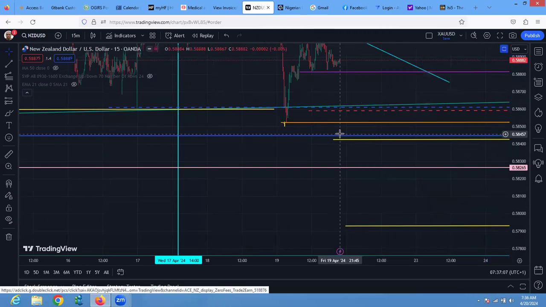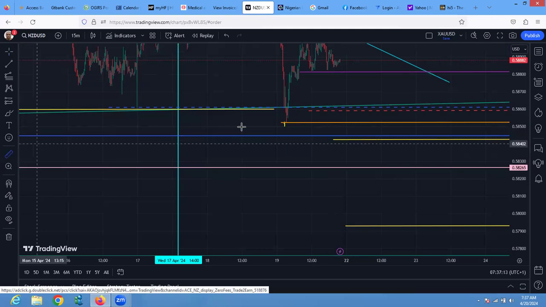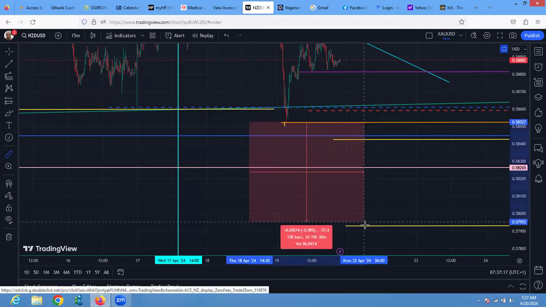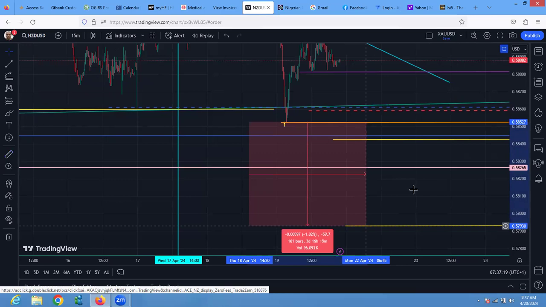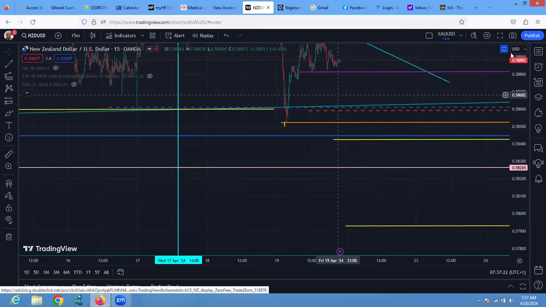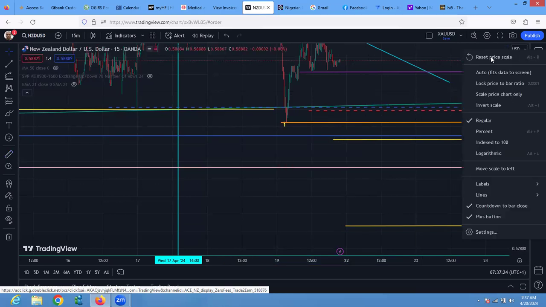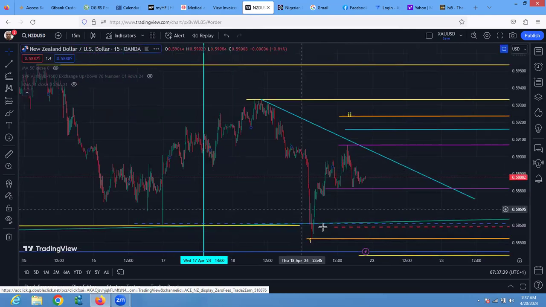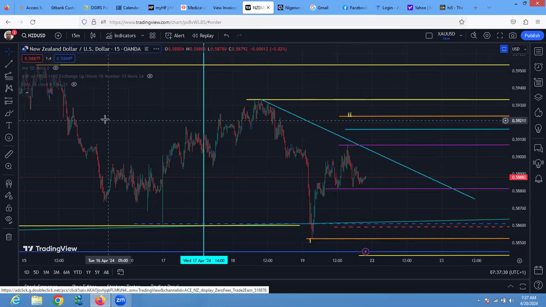But we have to see how it's going to respect 88 at this point. From this low down, it's also about 60 pips. So both are giving us 60 pips to the downside. If that would come true, that's the max. If it reacts at 100, it could be less.